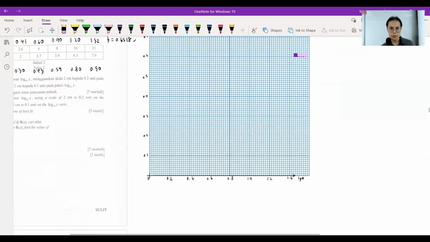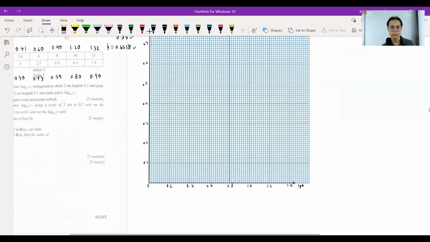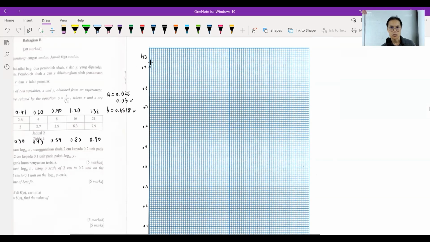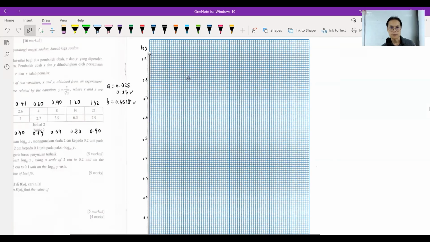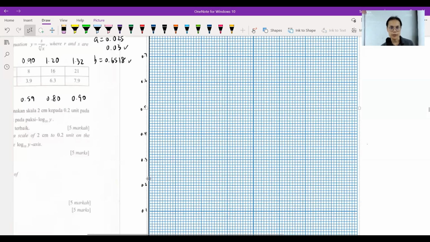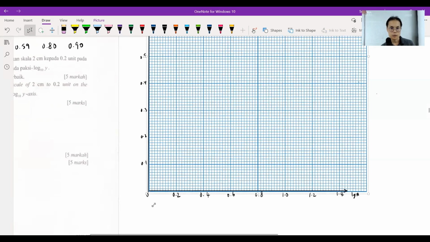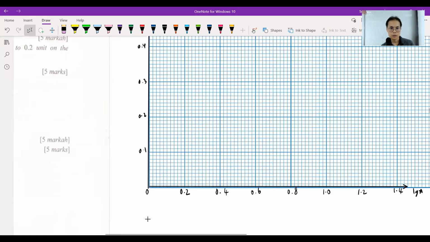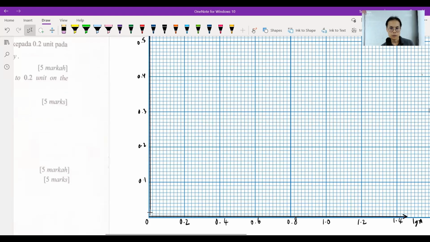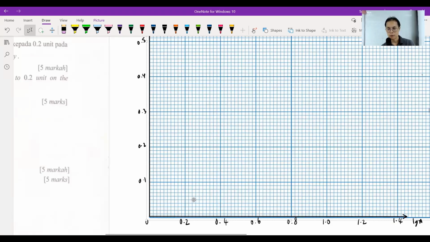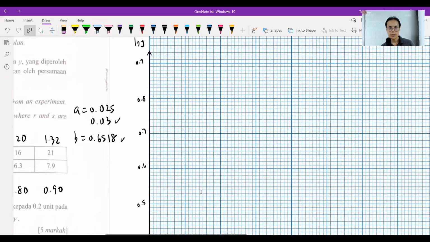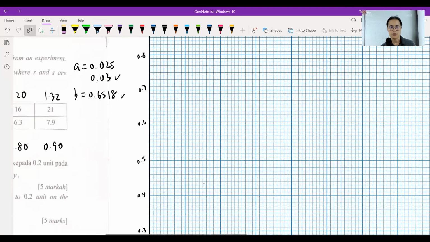Okay, start from this point, move it up to here. Okay, the line is not very nice. It's a bit off. Okay, I think it's fine. Don't disturb it so much.